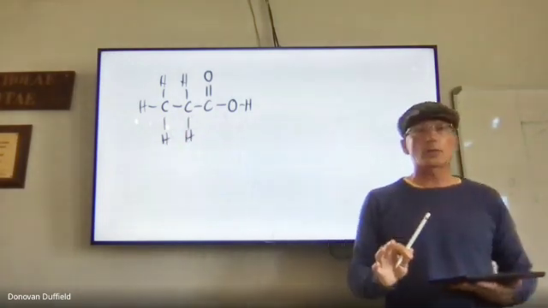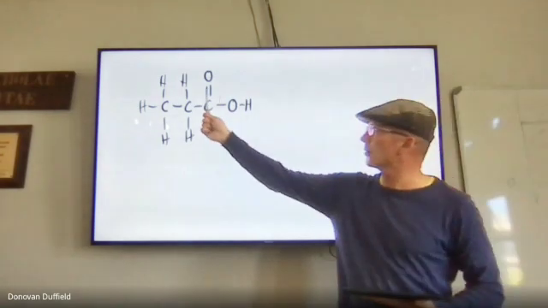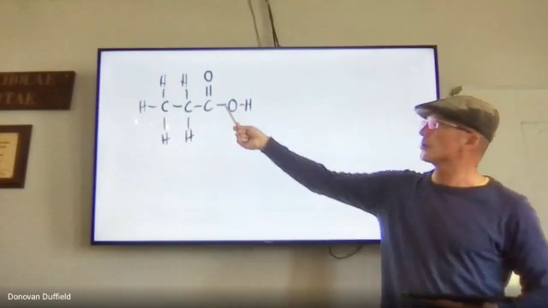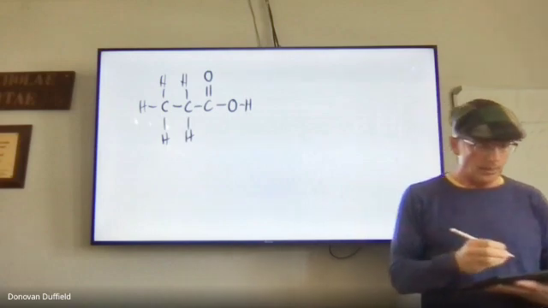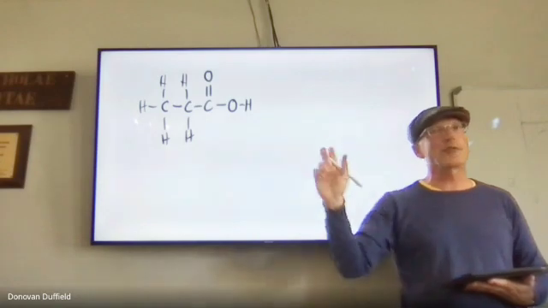Always a good practice when you're drawing is to use the circle test around the carbons: 1, 2, 3, 4 for each carbon, and oxygen has got a valency of 2.